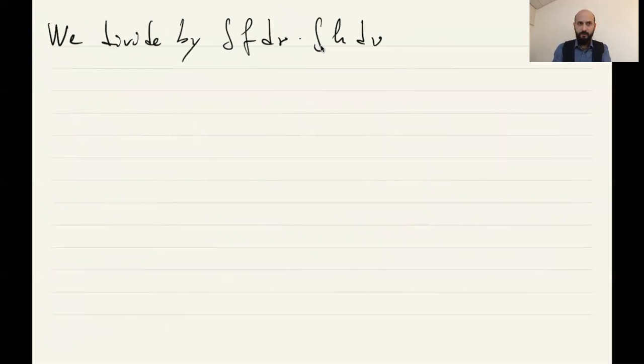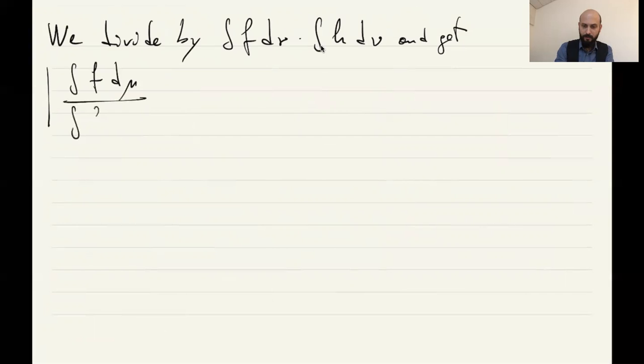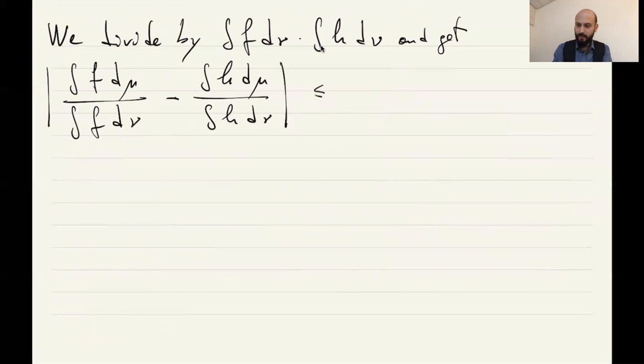So I divide and get the integral of f d mu divided by the integral of f d nu, minus the integral of h d mu divided by the integral of h d nu. This is less than epsilon mu of a divided by the integral of f d nu.